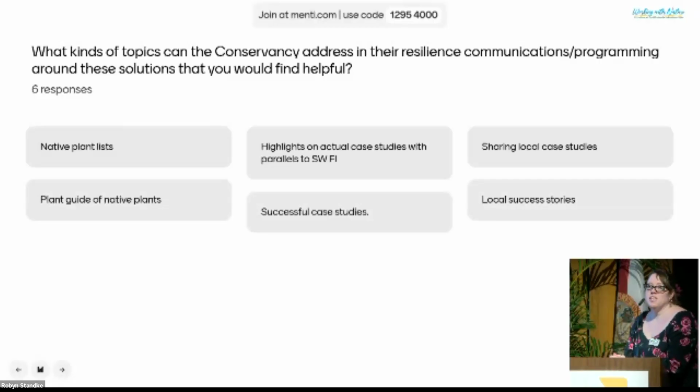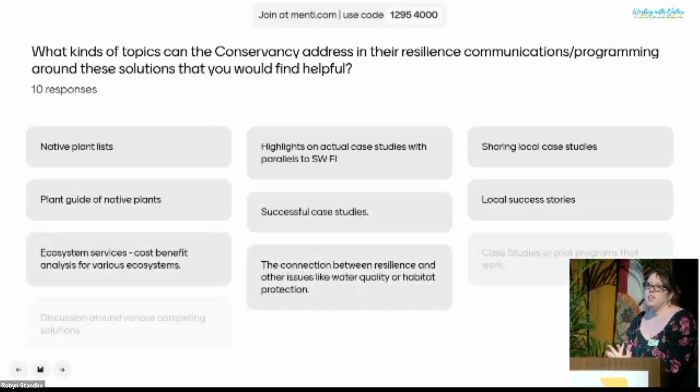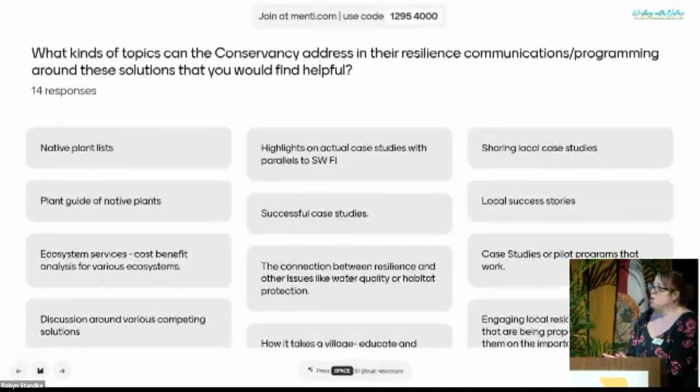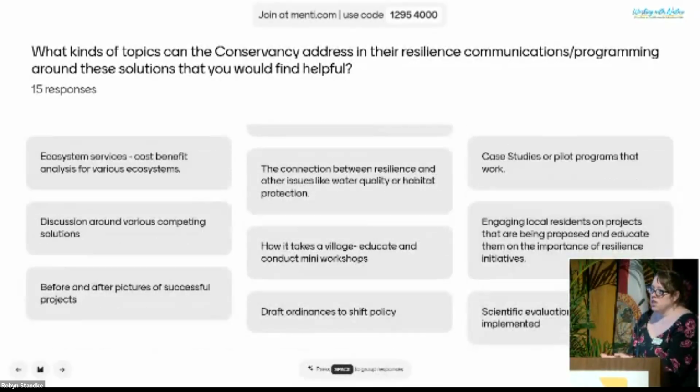So it seems like there's a lot about really understanding these projects, how they're working in different places. Oh, connection between resilience and other issues like water quality. So I think that's something that Chad really focused on in his stormwater project. We'll get a little bit more of that this afternoon in our next session.